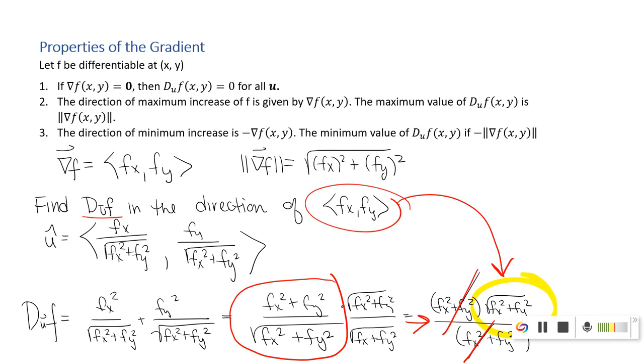But I wanted to show you where that property 2, at least part of that property, comes from. Okay, so again, the direction of maximum increase, so the maximum value of your derivative, is going to be in the direction of that gradient vector, and it's going to have a magnitude equal to the magnitude of that gradient vector.